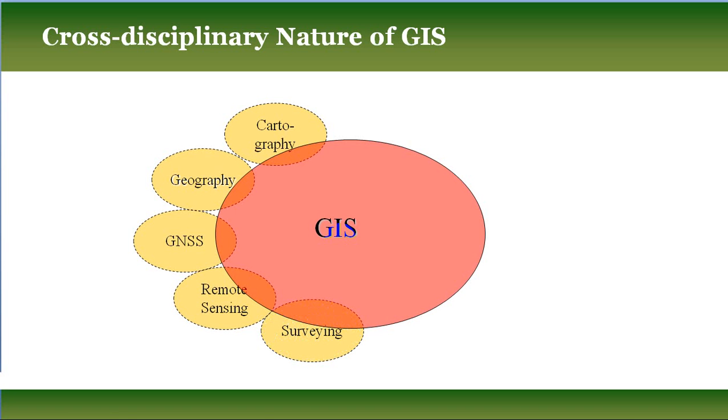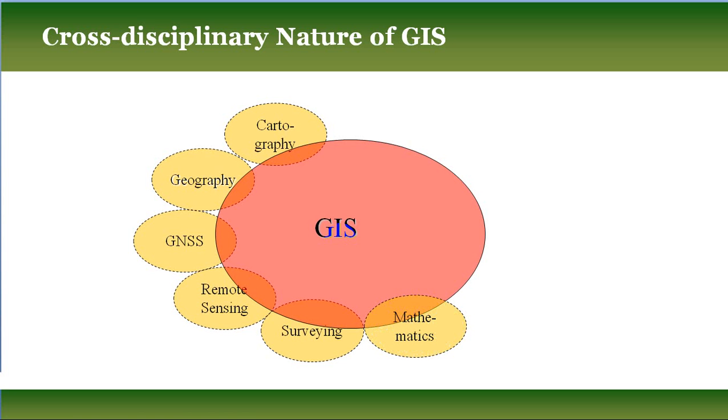Then comes surveying. Surveying is another discipline related to GIS, because with the help of surveying technology we can also collect locational data directly or indirectly from space, and this locational data we can also incorporate in GIS as a data source.